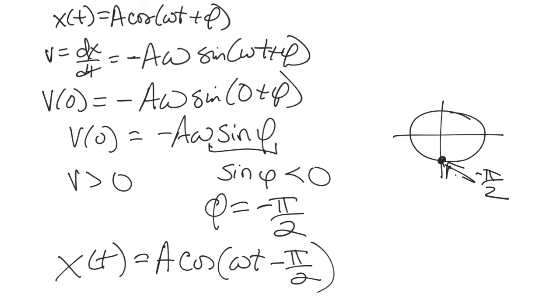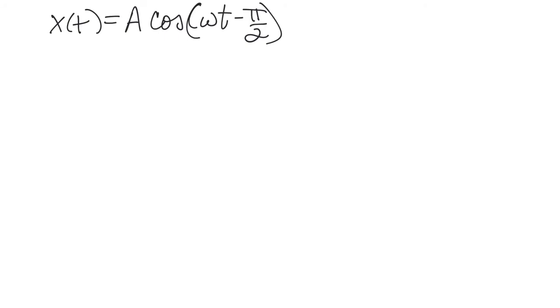And take a moment and think about what that means. Okay, so here I wrote it again. It's a cosine(omega t minus pi over 2). So if you remember how sines and cosines work, I'm going to draw a cosine. And then all this means, because it's omega t minus pi over 2, is that it's going to be shifted by pi over 2.